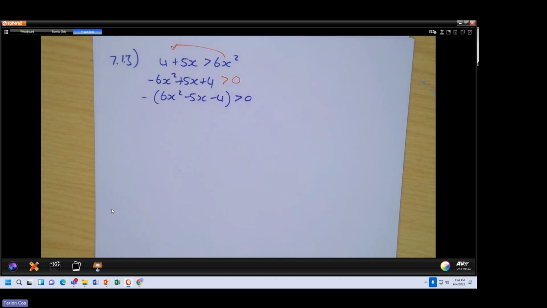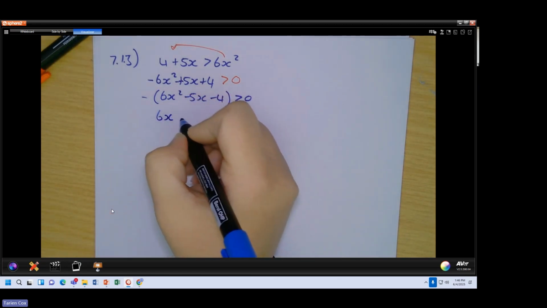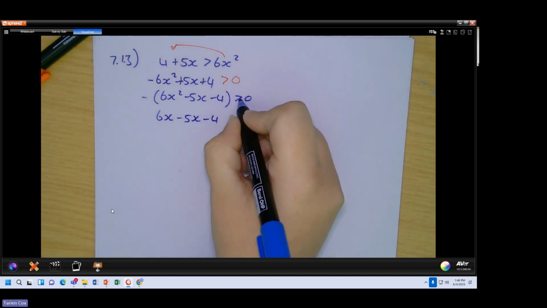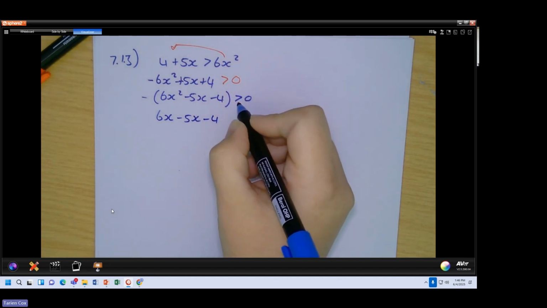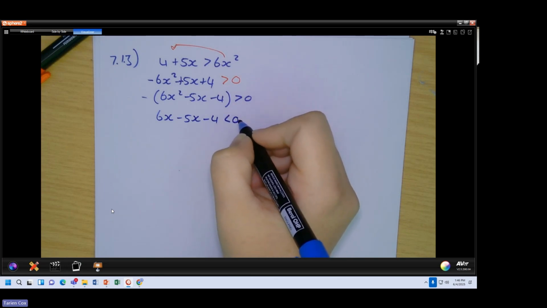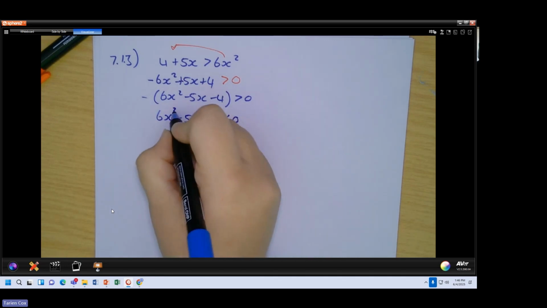So what I will now have to do is, we learned in our first question, that if I divide with that negative, our inequality is going to swap around. So I've got 6x squared minus 5x minus 4, but now, instead of being greater than, it will now be less than 0, right? And because it's now less than 0, I am ready to factorize my trinomial.